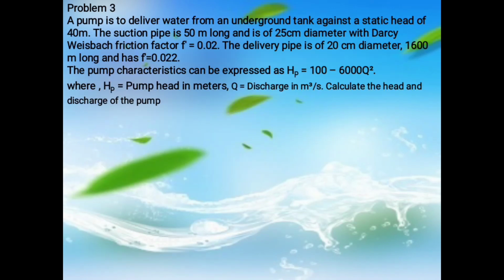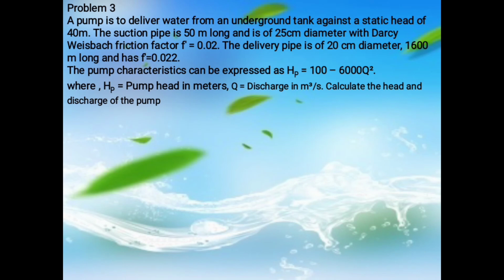Next question. A pump is to deliver water from an underground tank against a static head of 40 meter. The suction pipe is 50 meter long and is of 25 centimeter diameter with the Darcy Weisbach friction factor F dash equal to 0.02.